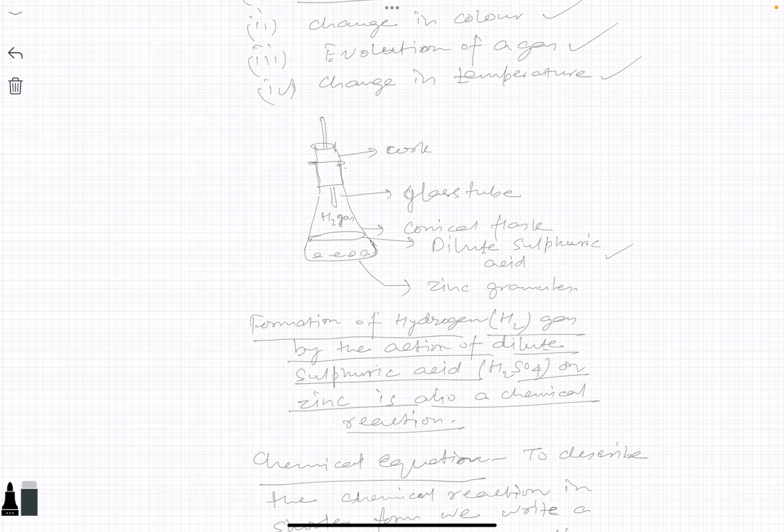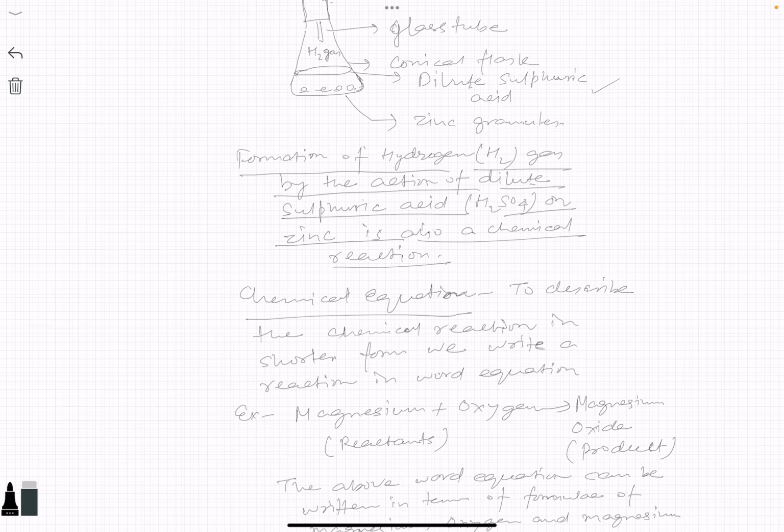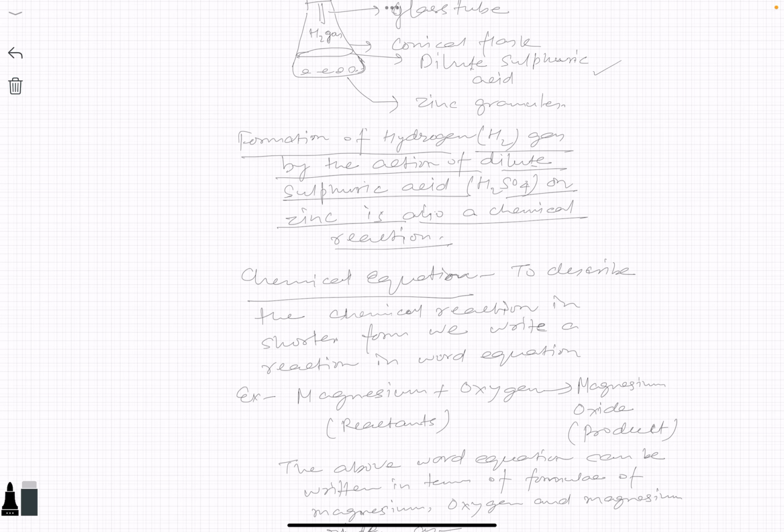reaction. Now we see the chemical equation. How will we explain a chemical equation? To describe the chemical reaction, in shorter form, we write a reaction as a word equation. Word equation is magnesium plus oxygen gives magnesium oxide. Here magnesium and oxygen are reactants and magnesium oxide is the product.